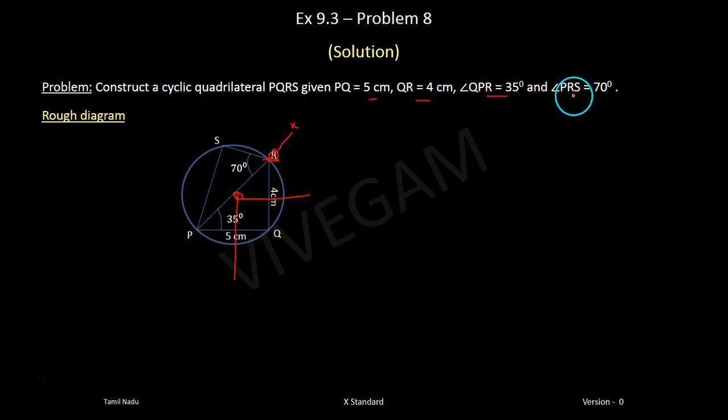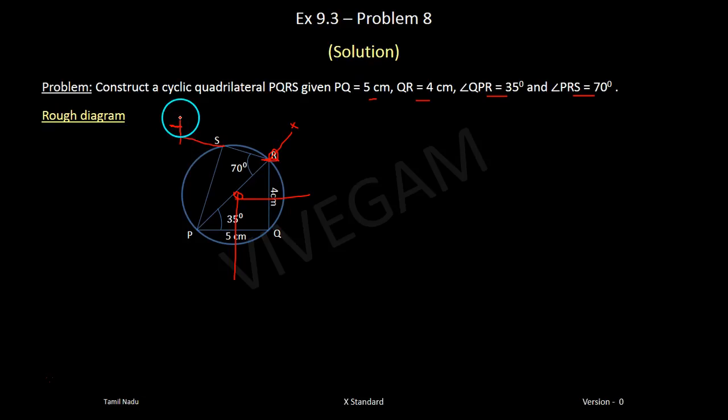The last one which needs to be used is angle PRS is 70 degrees. So draw a line RY, just extend this a little bit, at an angle of 70 degrees to PR, or draw angle PRY at 70 degrees.